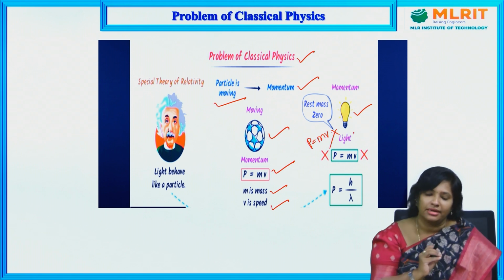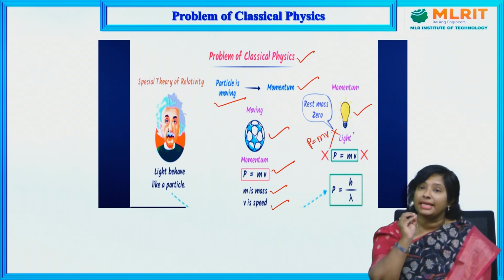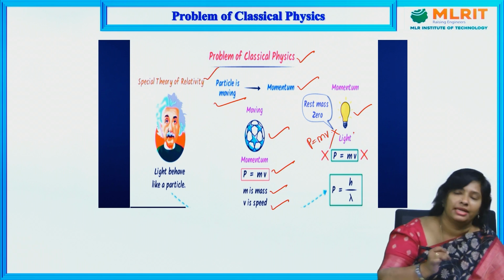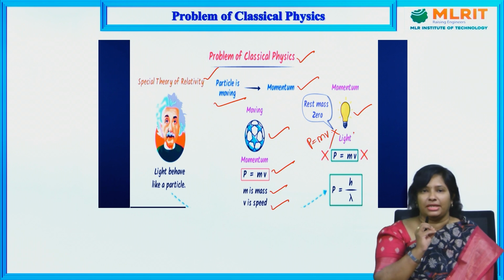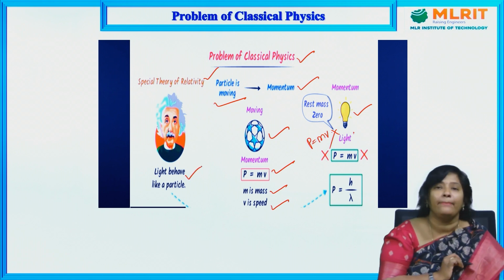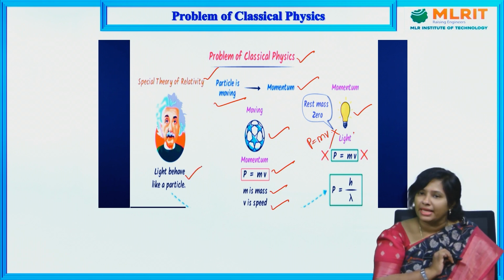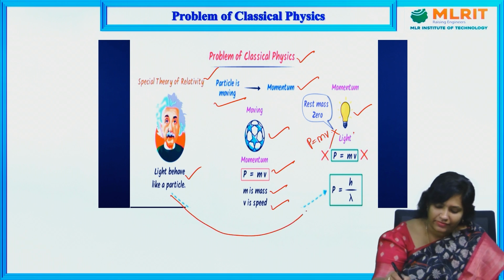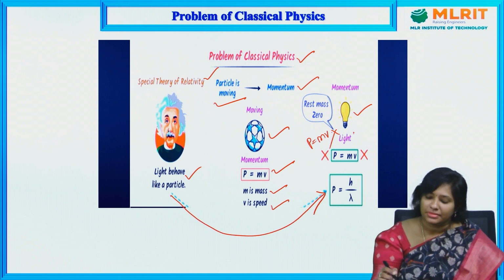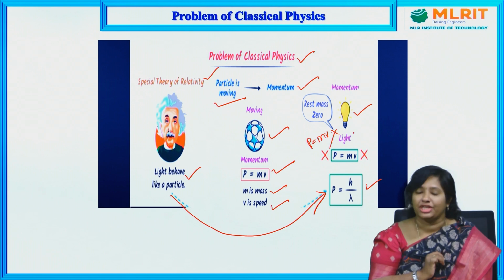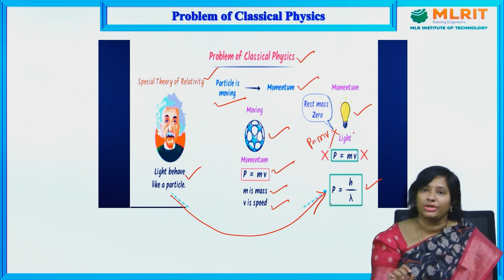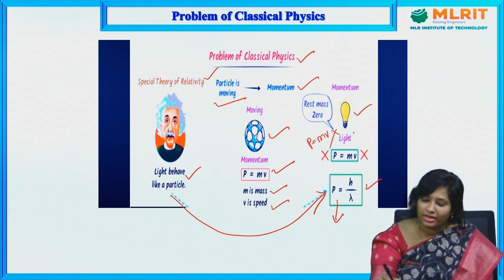So here, in his special theory of relativity, he observed that light behaves like a particle. And he has given the momentum as p = h/λ.